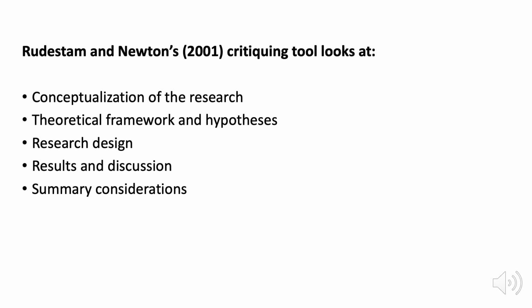Fourthly, it assesses the findings, their interpretations, and the discussions of the findings. And finally, a critiquing tool evaluates the summary of the research articles. So that's the purpose of a critiquing tool, and that's why it's so important for researchers to use a critiquing tool in the process of reviewing literature in a critical way.